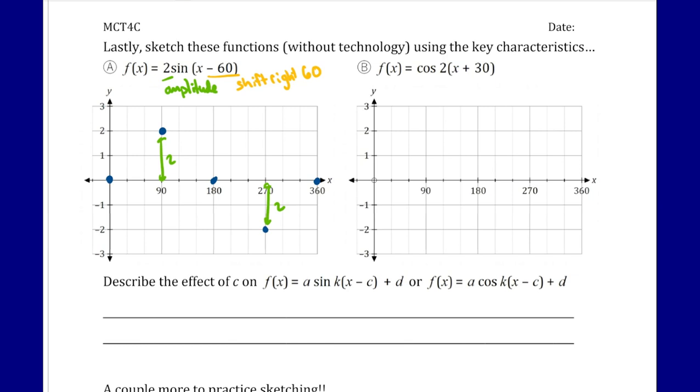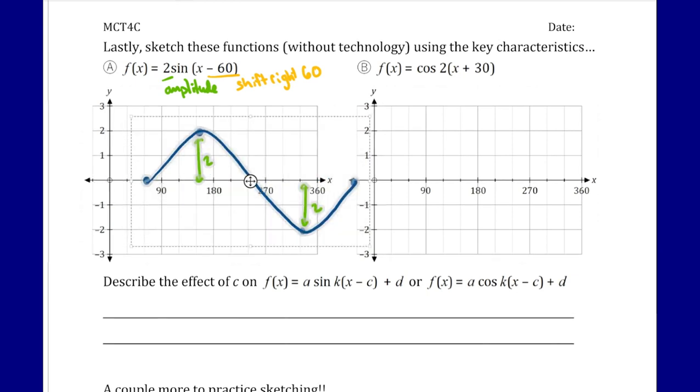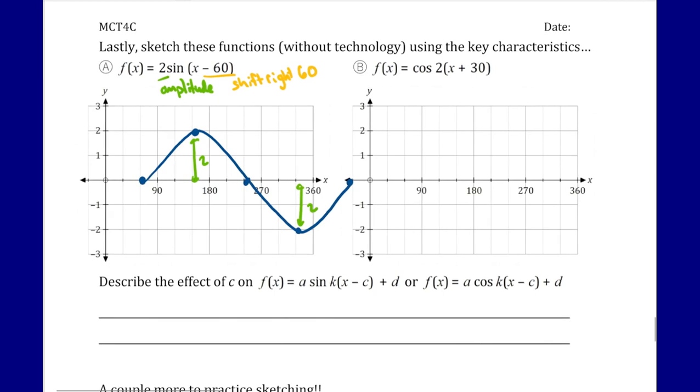But now this -60 is telling us that we need to take this entire wave and shift it over 60. Which we have here. So now all of my x values have shifted over 60 degrees.